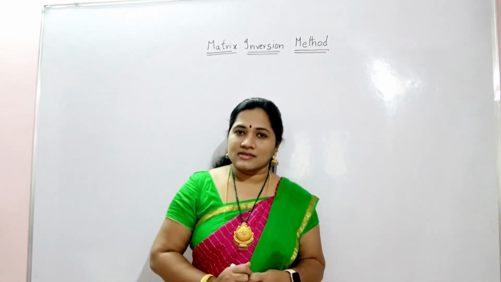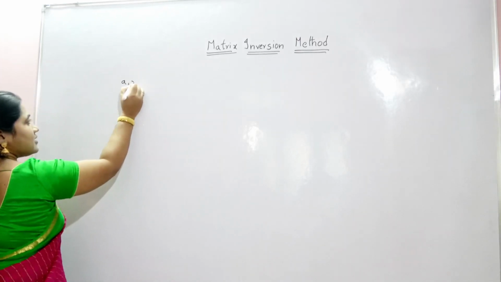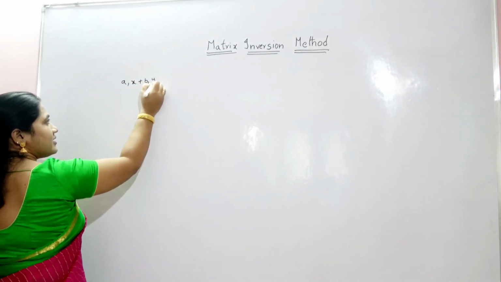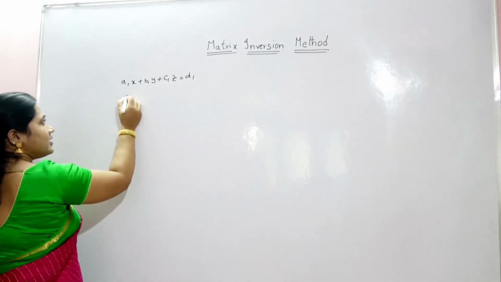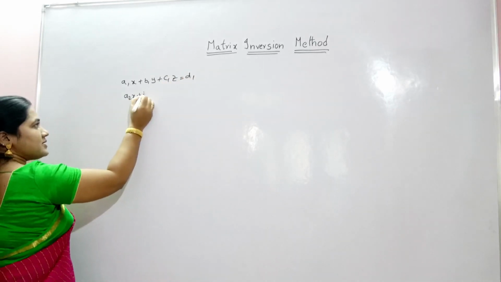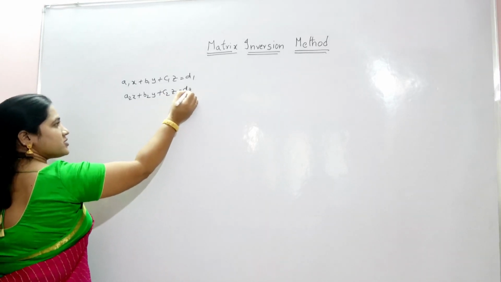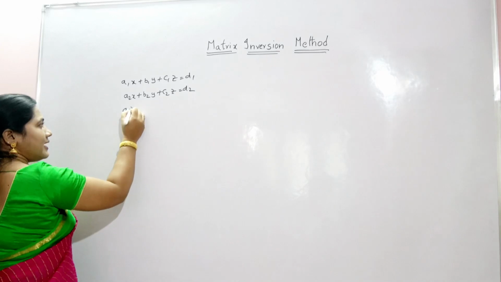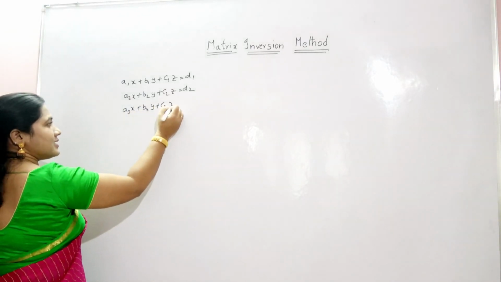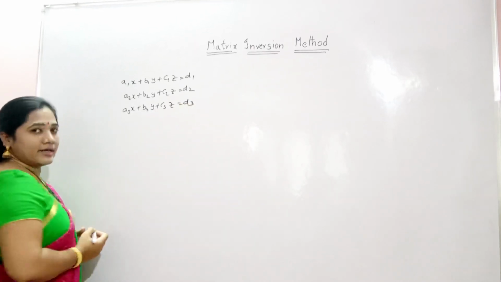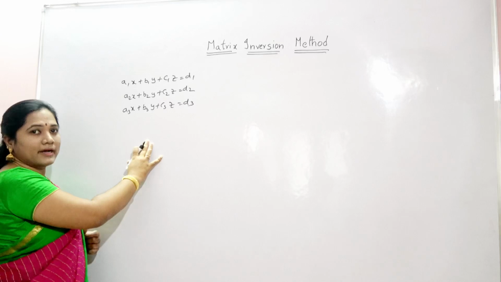So let us consider the system of linear equations a1x plus b1y plus c1z equals d1, a2x plus b2y plus c2z equals d2, and a3x plus b3y plus c3z equals d3. First, we have to write the given equations in matrix form.